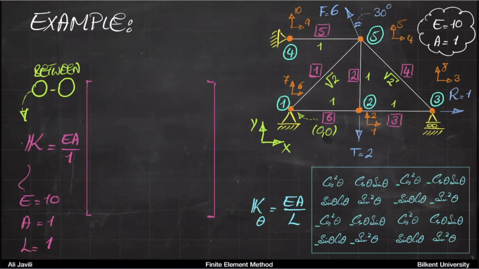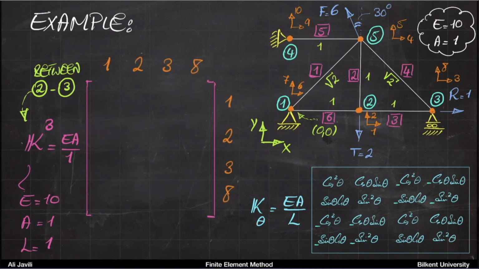Element 3 is also having the length 1, so it's EA over 1. It's between nodes 2 and 3. That means the degrees are 2x, 2y, 3x, 3y. Now 2x, 2y is 1, 2, 3, 8, basically. 1, 2, 3, 8, 1, 2, 3, 8.